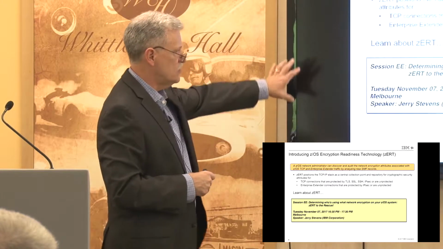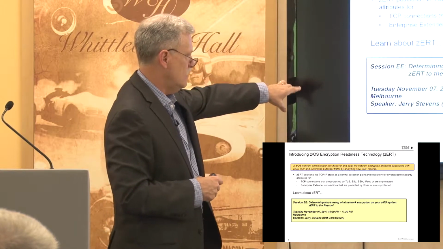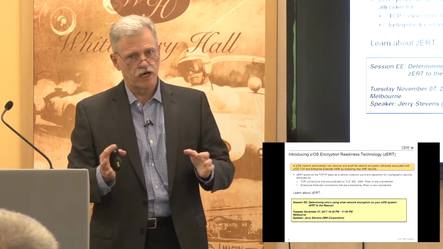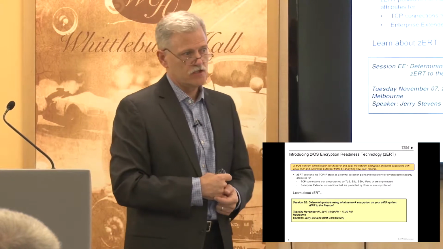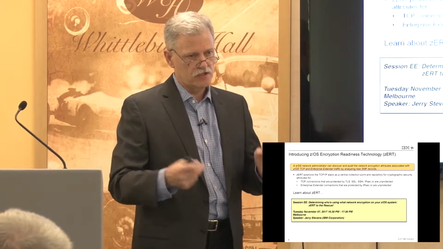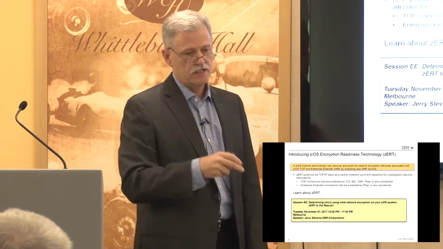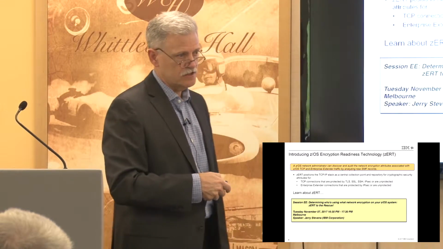And so basically this session is handled later today at 4:30, and we'll be in the Melbourne room, and that'll take probably about an hour to explain what zERT is all about. But it's one of our main deliverables for 2.3. In this session, we're just going to introduce it, to tell you what it does, and how it does it will take quite a bit more time.